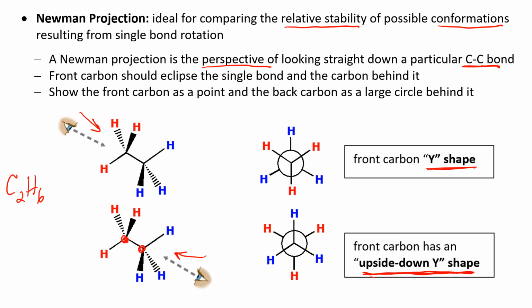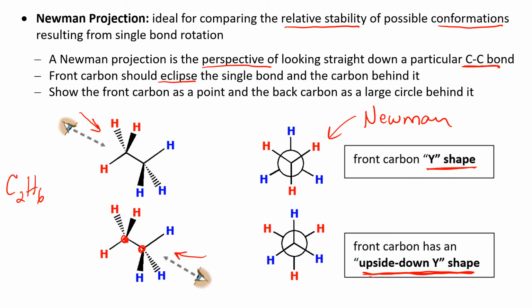So the front carbon in our Newman projection, this is your Newman, the front carbon should eclipse the single bond. Notice we don't see the single bond behind that front carbon because it's eclipsing it. And the front carbon is shown as a point, and the back carbon is a large circle behind it.